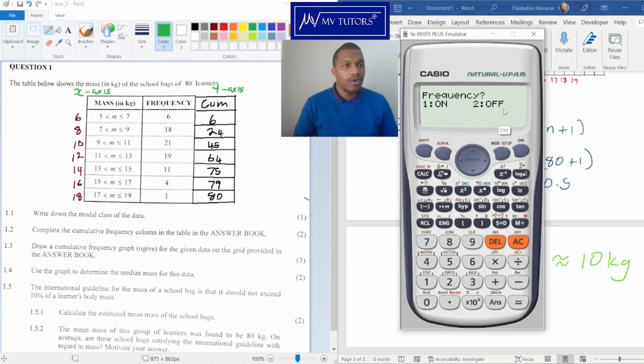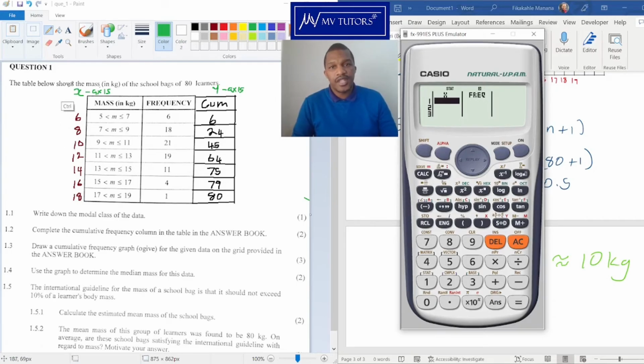We press 4, and we want to turn the frequency on, so we press 1. Okay. And then what that has done is that when we go to mode and then we go to stat, which is number 3, and then we go to one variable, there is a frequency table. If we didn't turn on the frequency, the frequency column would not be there. Okay, so now we can work with it.